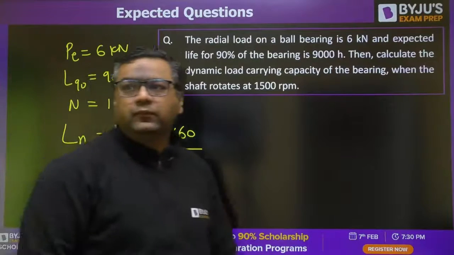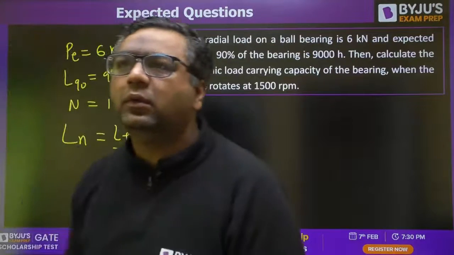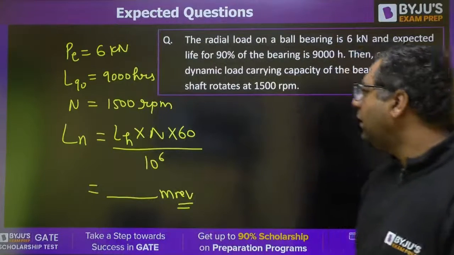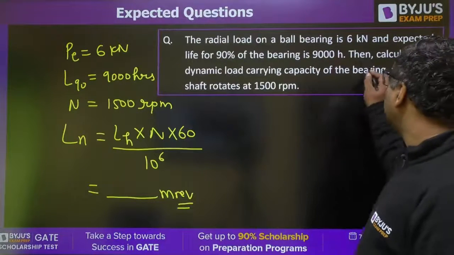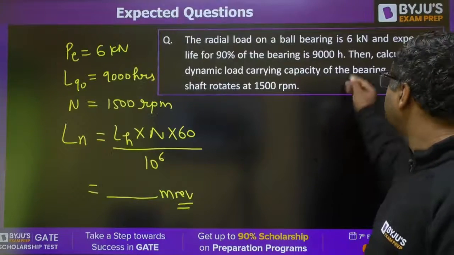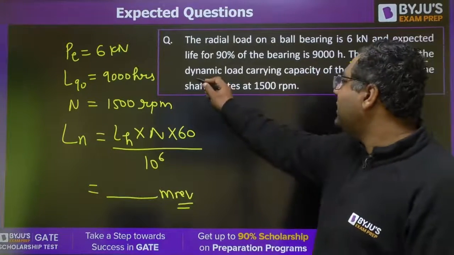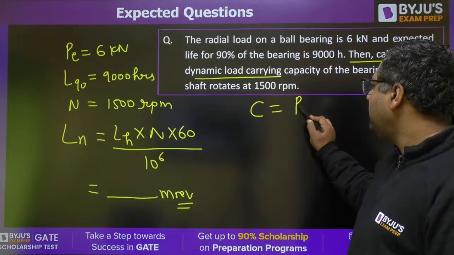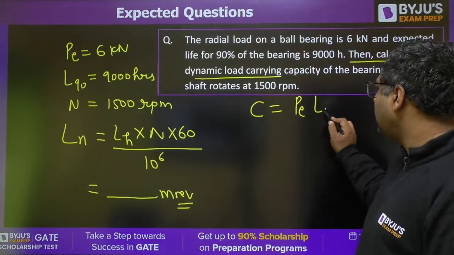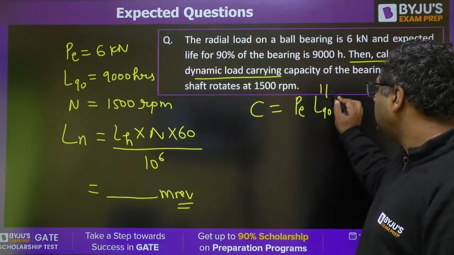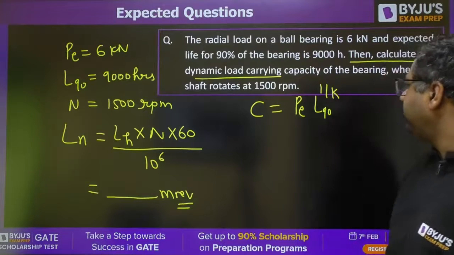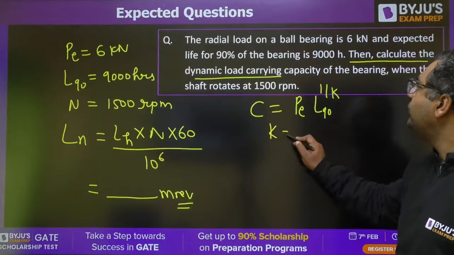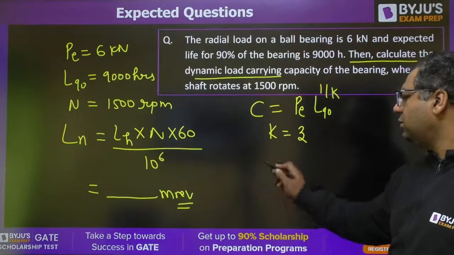Okay. So they are asking you to calculate the dynamic load carrying capacity C, with PE and L90, to the power 1 by K. K is going to be 3 for ball bearing.